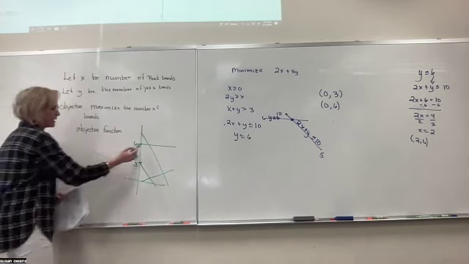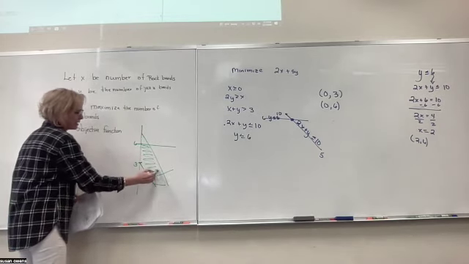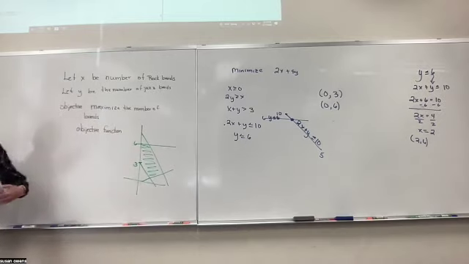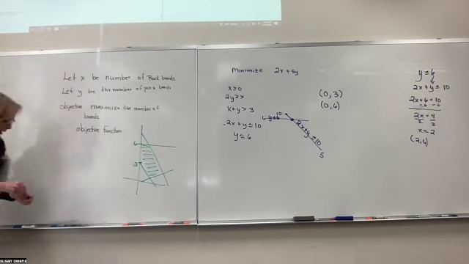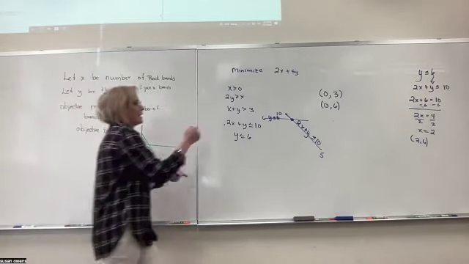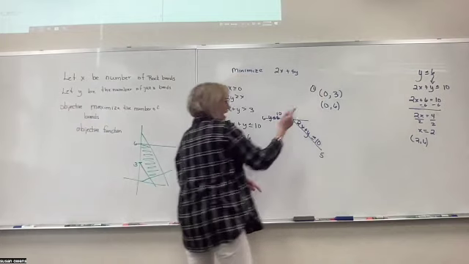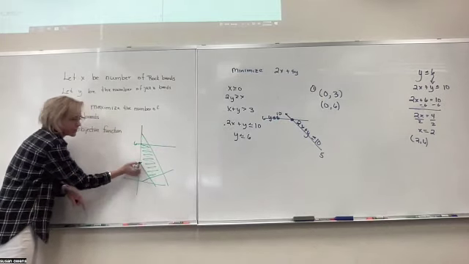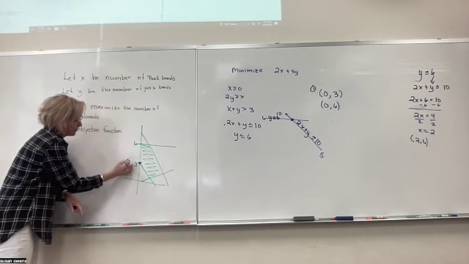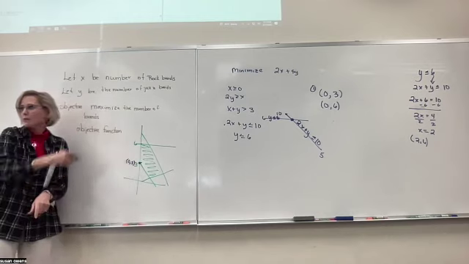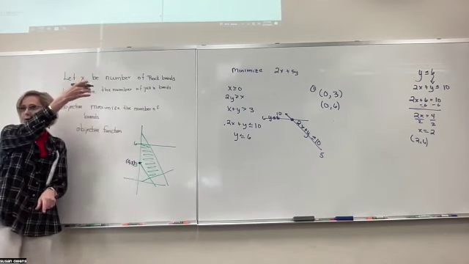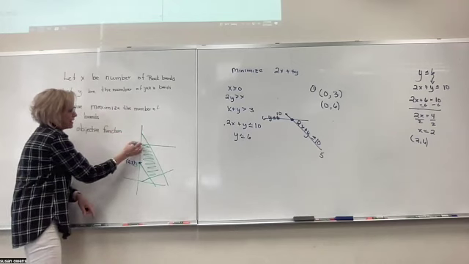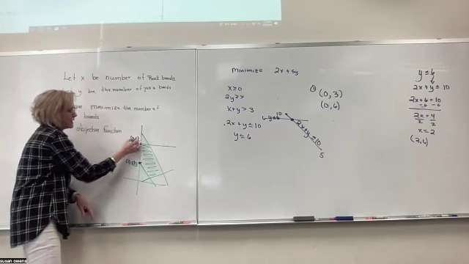Yeah. And then this is the area that's shaded in. Okay, so what I did, this first point right here, number 1, I could look at my y-axis and see this point is over 0 up 3. So that's the point 0, 3. And then this point right here is over 0 up 6.